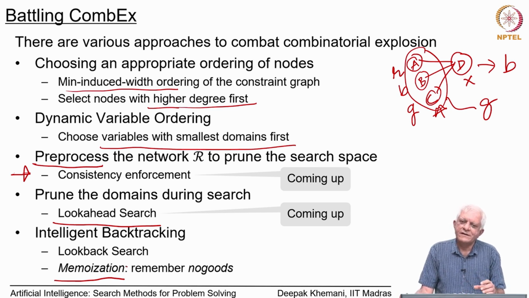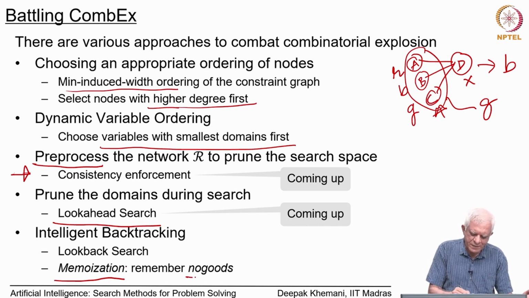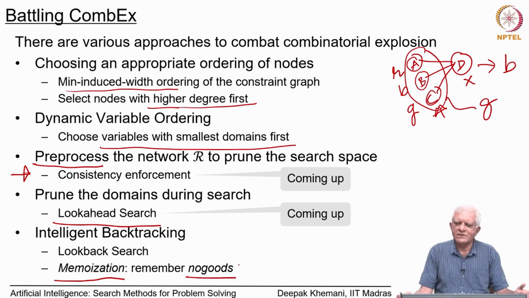If you keep a memory of such things, which is done by a process called memoization, you keep a memory of what are called no goods. So, no goods are partial assignments which cannot be extended to a solution. Then if you are backtracking and you reach a no good, you do not even try it, you just go back and try something else.